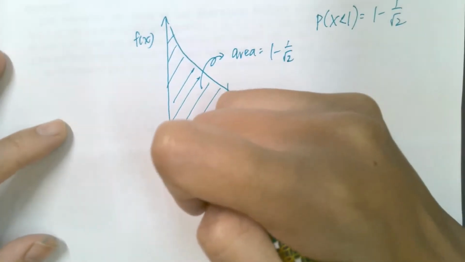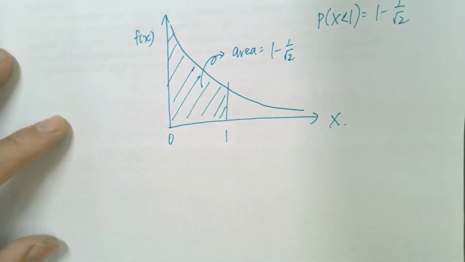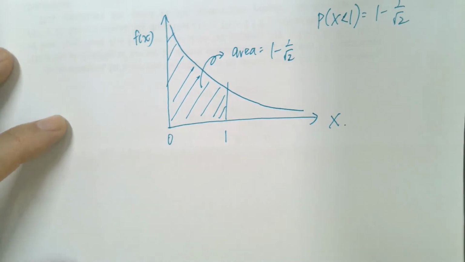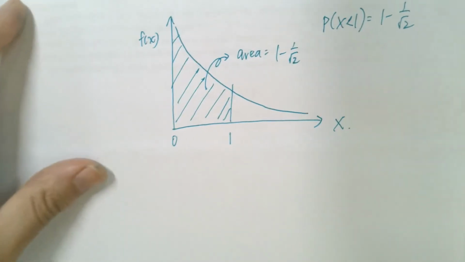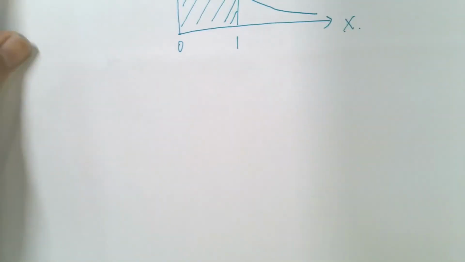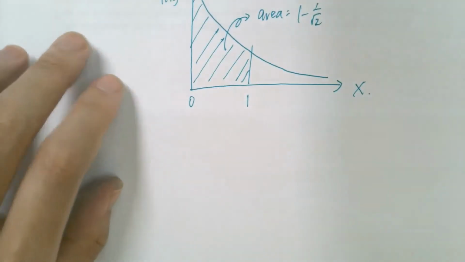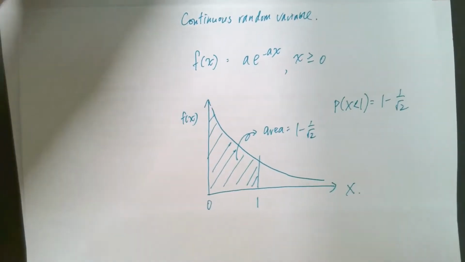In our case, let's say x1 is 0, x2 is 1, which is to say that the probability of x being between 0 and 1 is the integral of the function there. So let me adjust this a little bit, very nice.